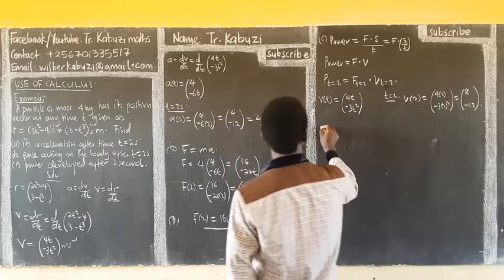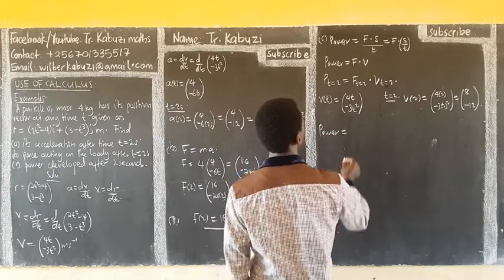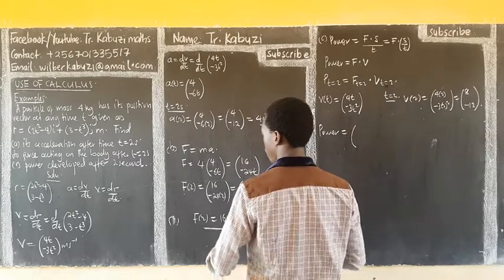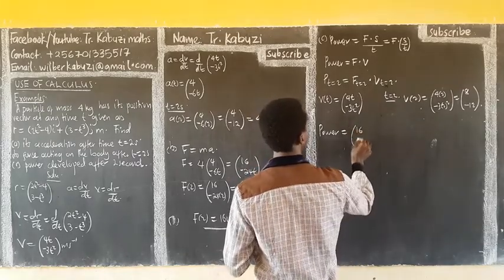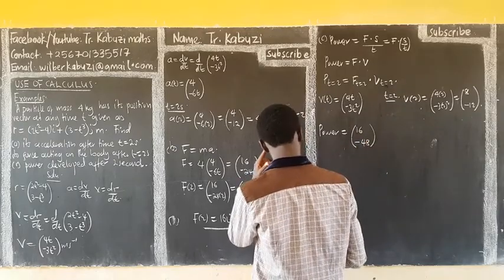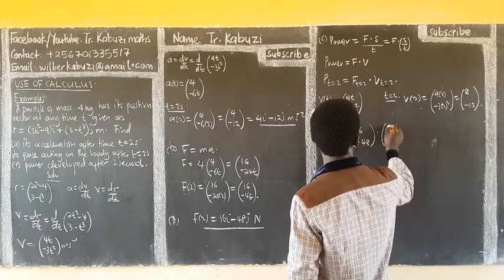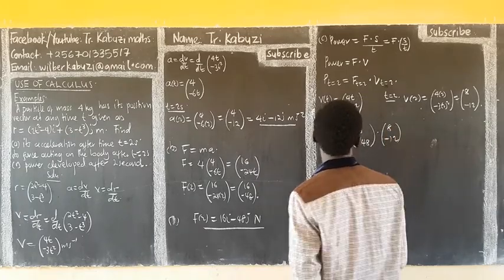So our power will be our force, 16, negative 48, dot 8, negative 12.